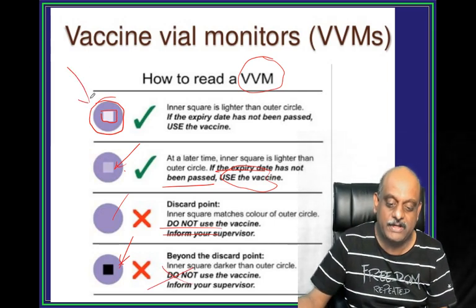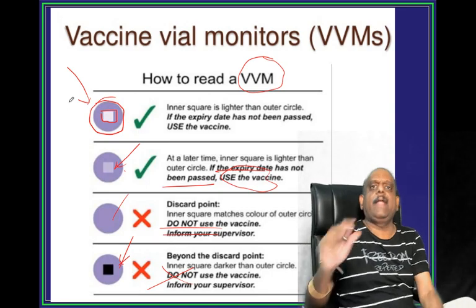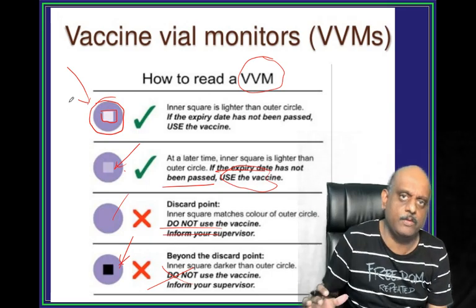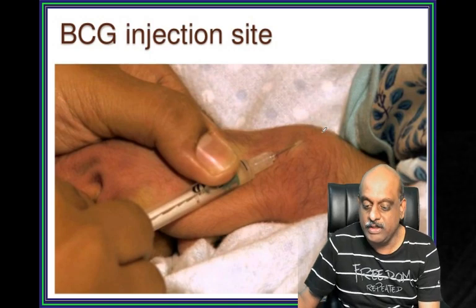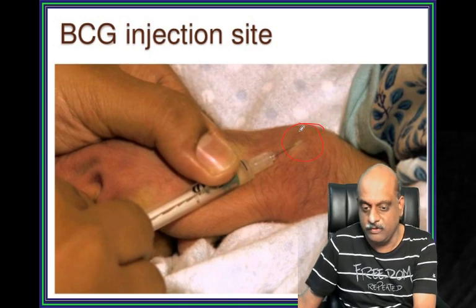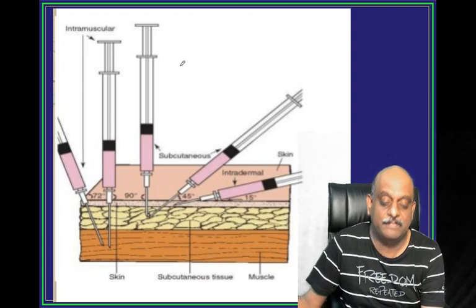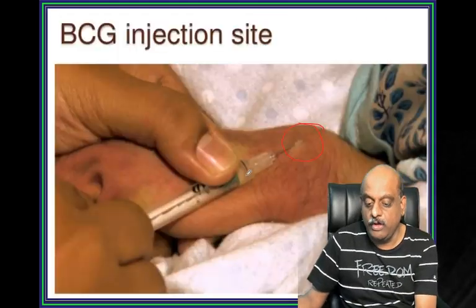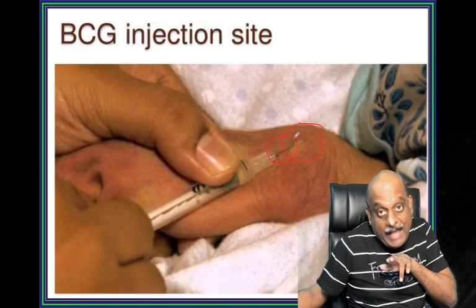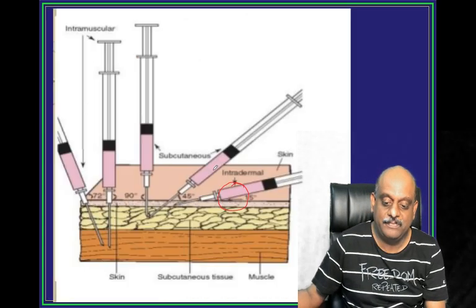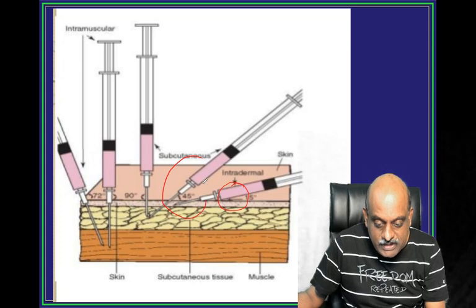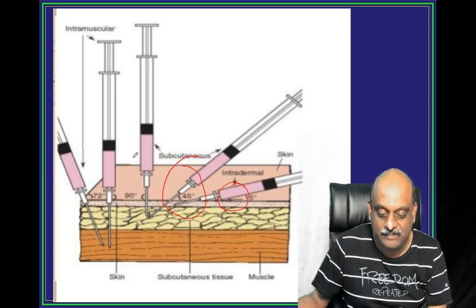So don't forget, doctor. This is a favorite question in the pediatrics vivas when you go for the final MBBS part 2. So this is the typical intradermal injection of the BCG vaccination. So always, to give intradermal, what should the angle of your poking be? 15 degrees. To give subcutaneous, it should be 45 degrees.